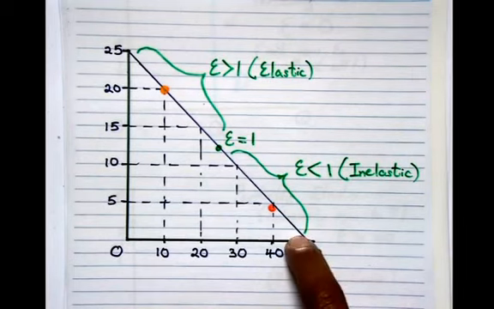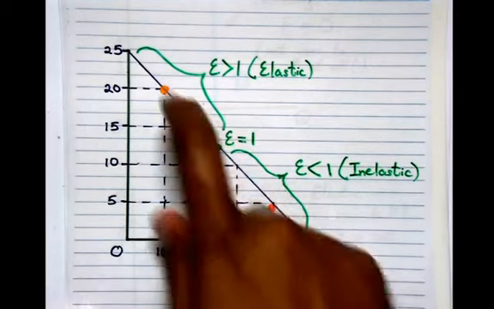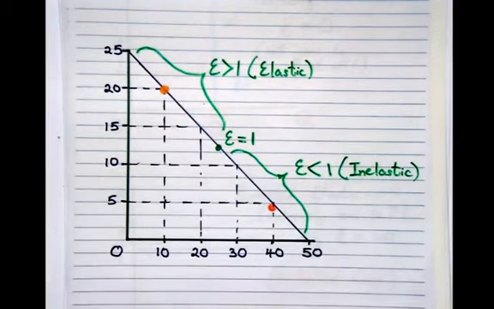At the bottom, you're buying a lot already, so any change in quantity is a small proportion. So the bottom is less sensitive and the top is more sensitive. Because that's what elastic means. Elastic means sensitive, responsive. Inelastic means not very sensitive, not very responsive.